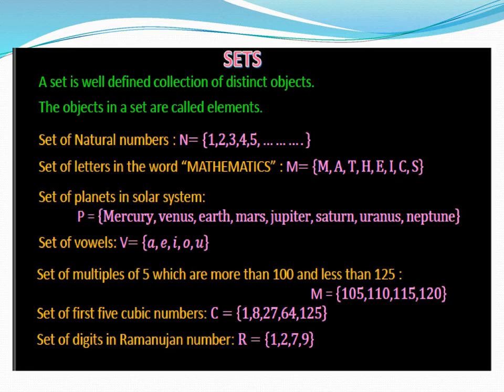Next, the set of planets in the solar system. You indicate it using the letter P. Then you can write P equal to the set of Mercury, Venus, Earth, Mars, Jupiter, Saturn, Uranus, Neptune. Now we take the set of vowels. Then you write V equal to A, E, I, O, U. And the set of multiples of 5 which are more than 100 and less than 125.